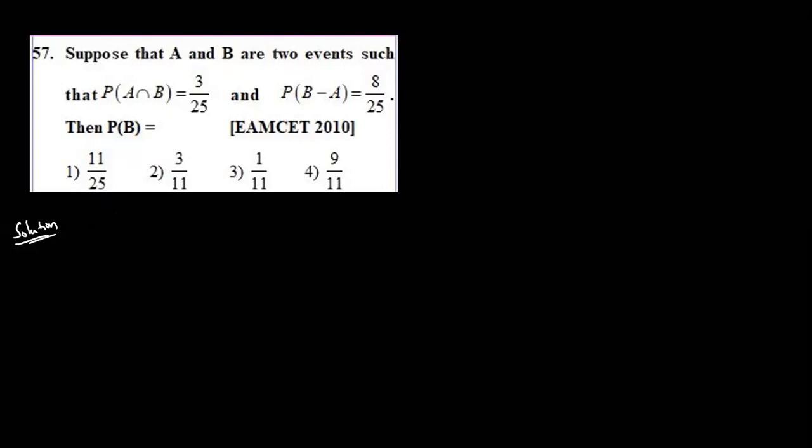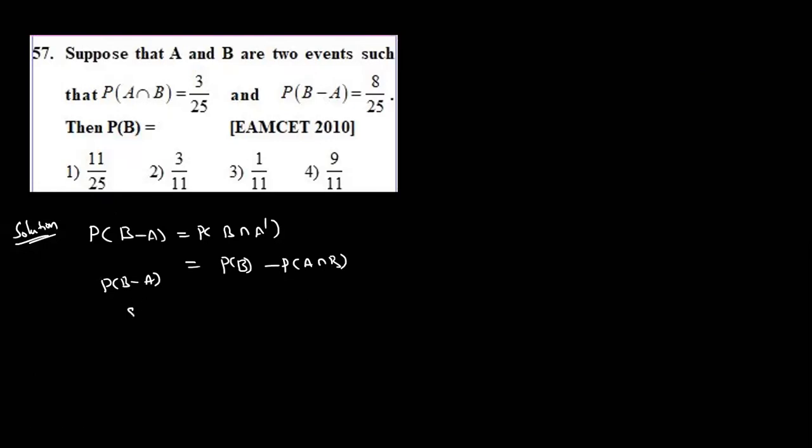So what is the logic here? See, P of B minus A, what is the meaning? P of B intersection A dash. That is, P of B minus P of A intersection B is equal to P of B minus A. Simple.